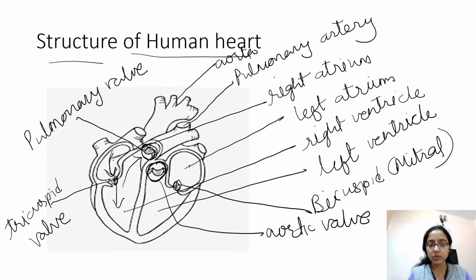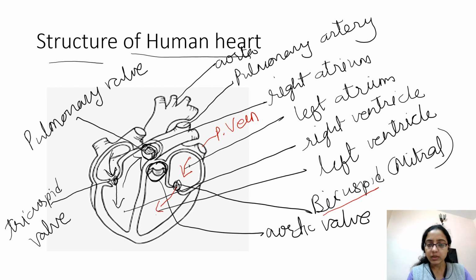Now I am using the blue color to show deoxygenated blood and the red color to show oxygenated blood. Now this oxygenated blood comes through the pulmonary vein, it is coming from the lungs, so it brings the oxygenated blood. It comes toward the left atrium and goes to the left ventricle through the bicuspid valve.